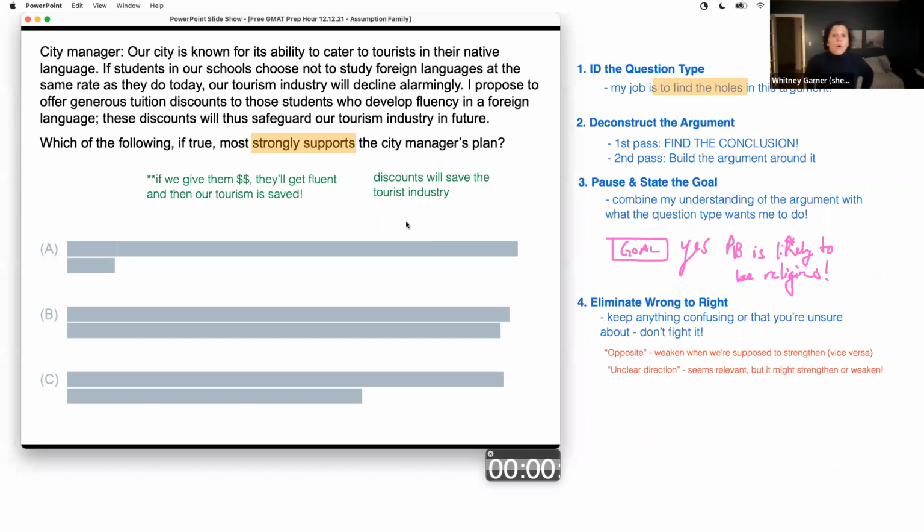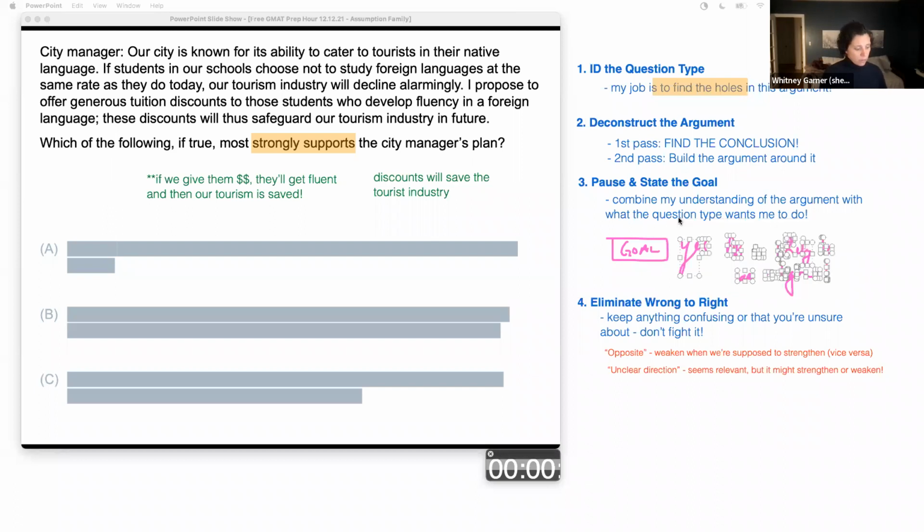And my job is to support that, to show that she's right, that throwing money at the students is going to work. So I might make the note to myself, throwing money at students will work. That's my goal. One of the answers will make it seem like throwing money at the students will work.